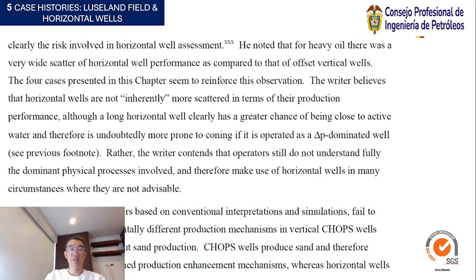See previous footnote. Rather, the writer contends that operators still do not understand fully the dominant physical processes involved, and therefore make use of horizontal wells in many circumstances where they are not advisable.